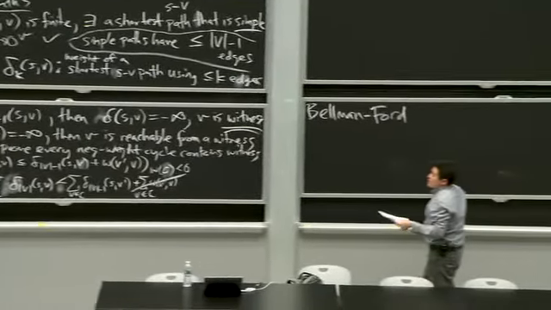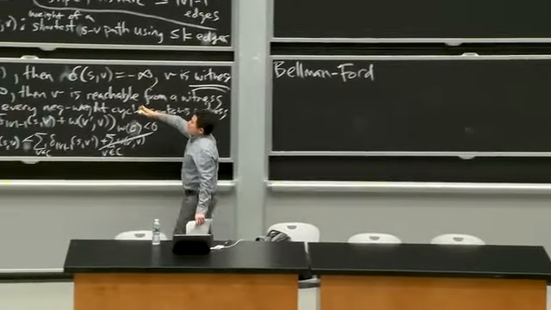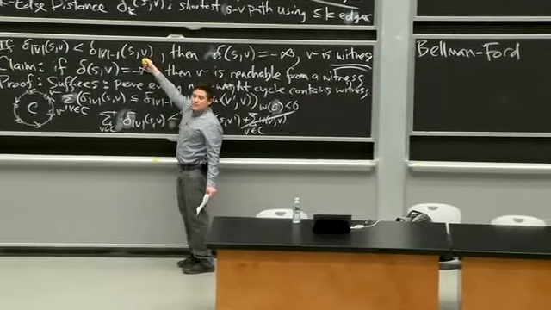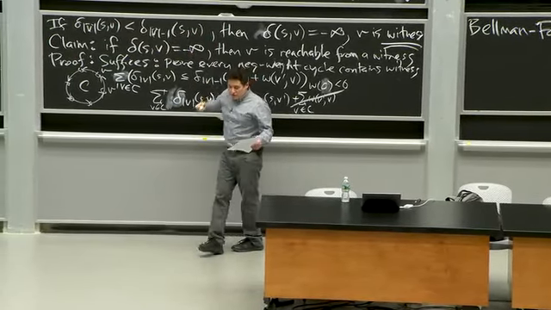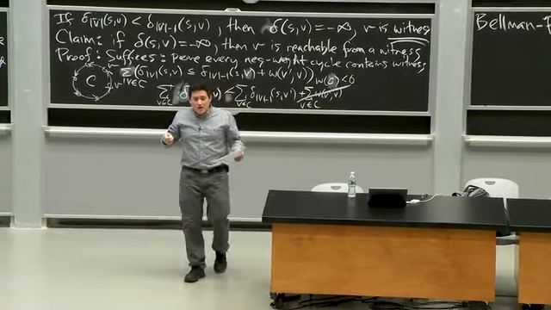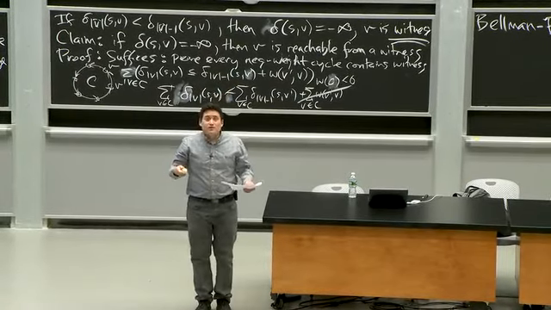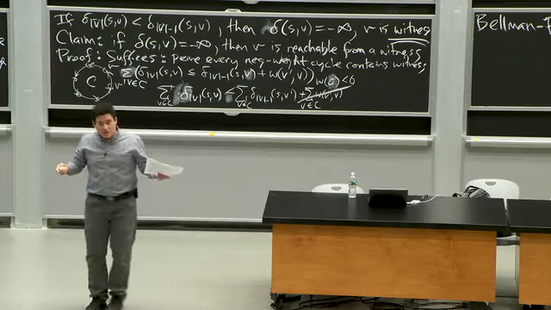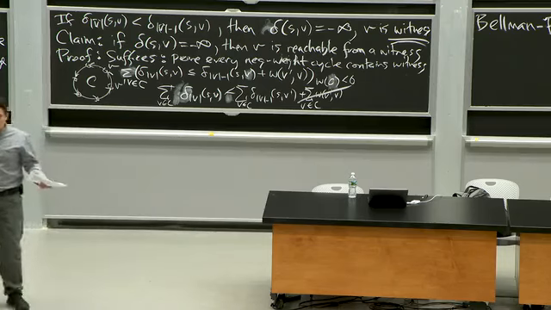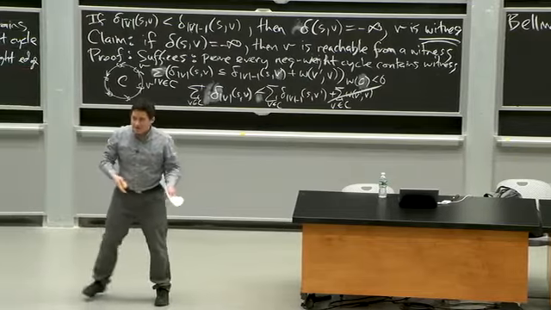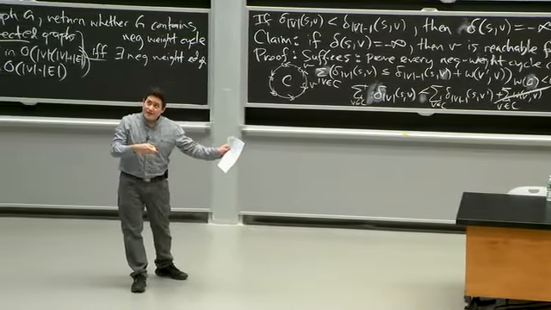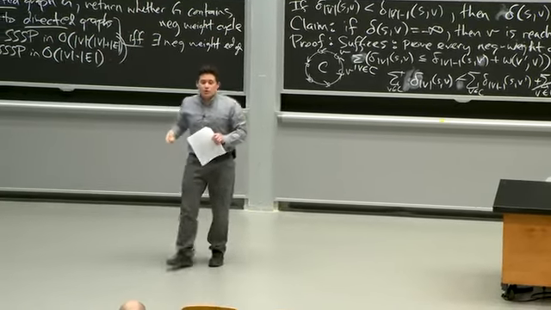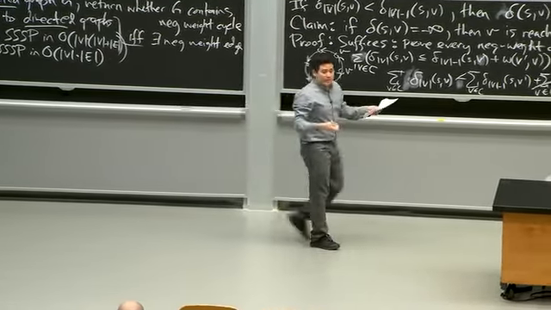And the idea here is to make many versions of a vertex, okay? I want this version of the vertex to correspond to whether I came here using 0 edges, 1 edge, 2 edges, 3 edges. I have a different version of the vertex for each one of these, for a path going through at most a certain number of edges.